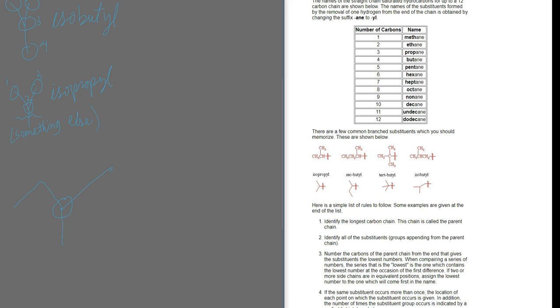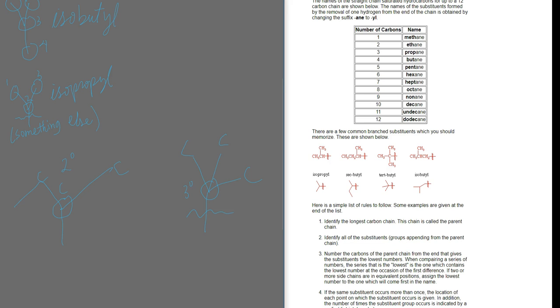This is considered to be a secondary carbon because this carbon is attached to 2 other carbons, as opposed to this one, which is a tertiary carbon because it's attached to 3 other carbons. So secondary, this is tertiary.